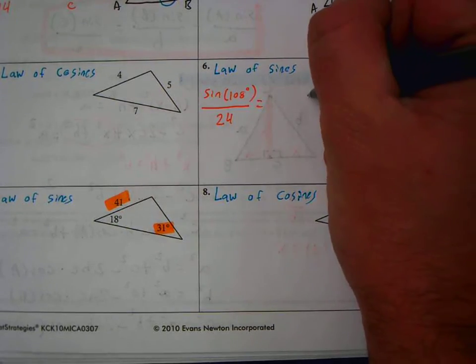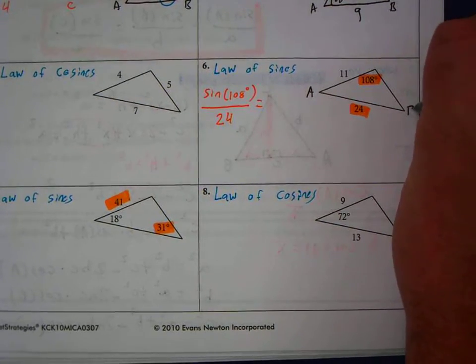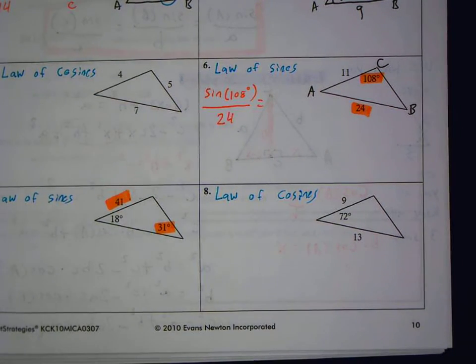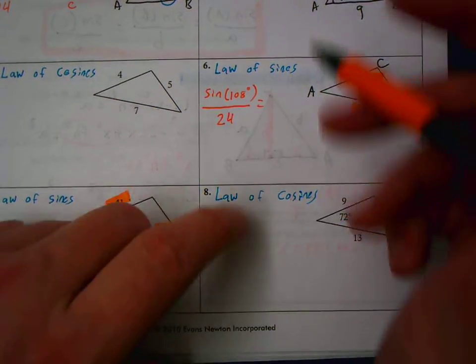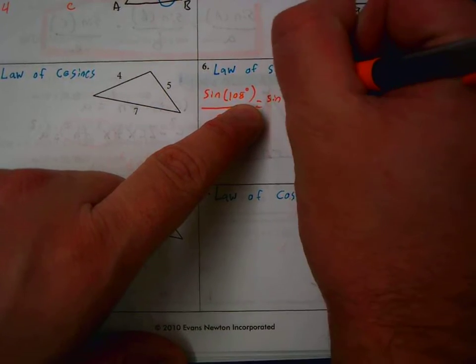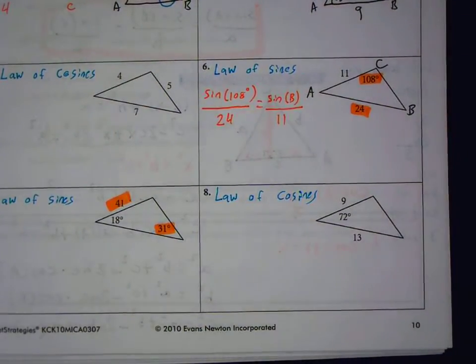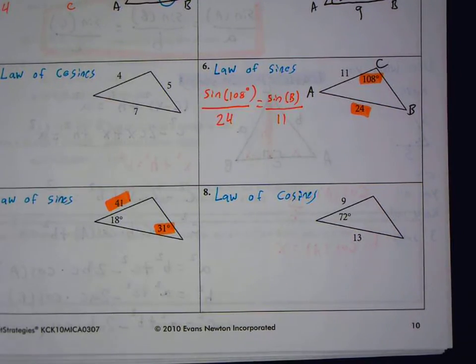And again, it doesn't matter which one you label, A, B, and C. Let's just do it like this, okay? Stick with what we've been doing. So what would that be? Sine of B, because we don't know angle B, over 11. And then you can solve for B, and once you have B, then you can fill in the rest.